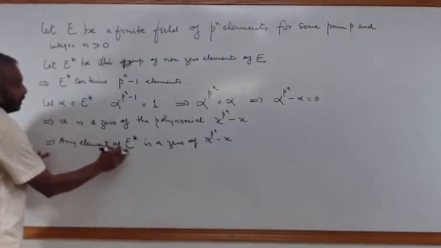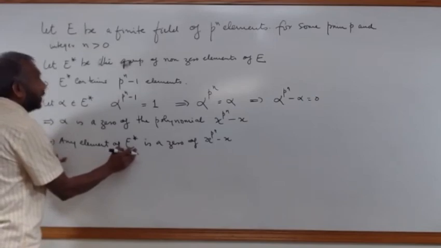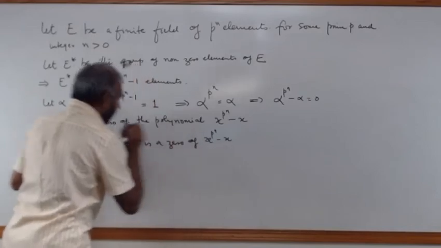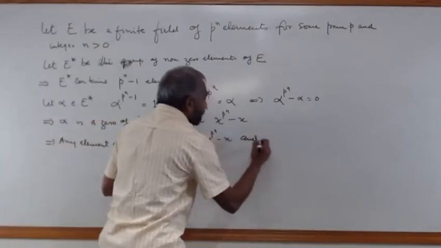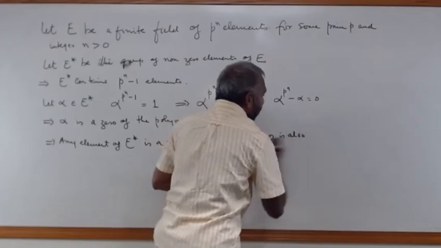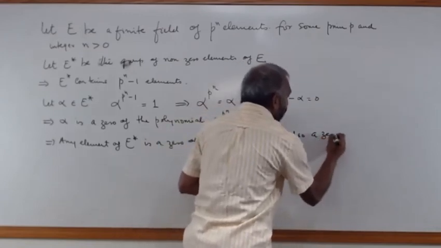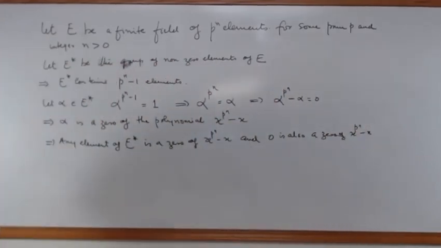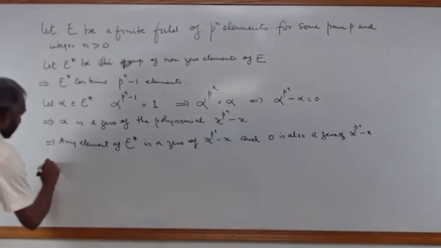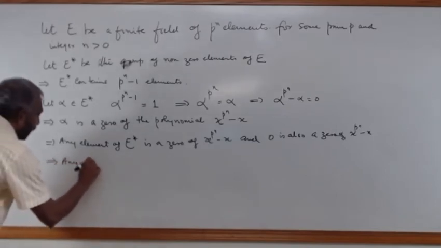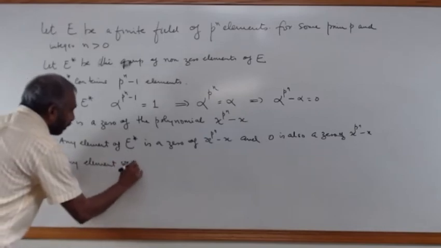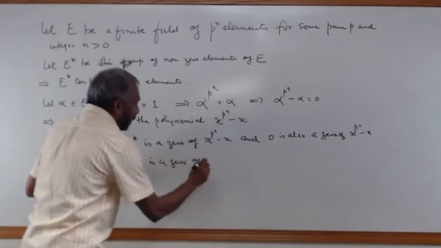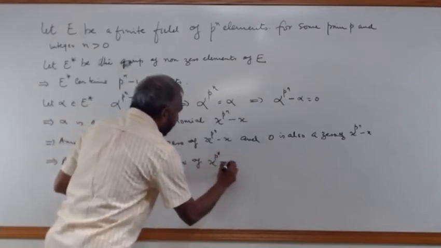And of course, if you add 0, it will become E. And 0 is also a 0 of x to the power of p^n minus x. So that implies any element of E is a 0 of x to the power of p^n minus x.